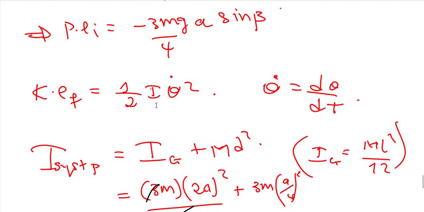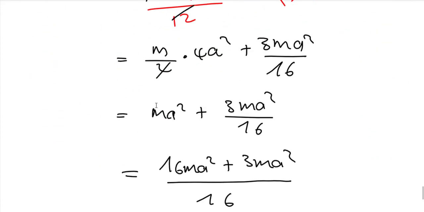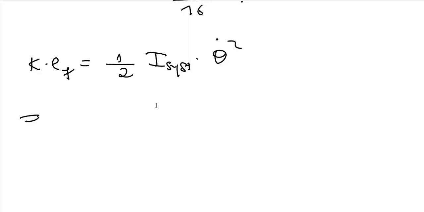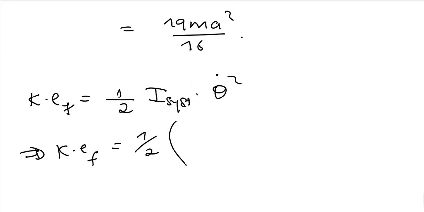Now we proceed by finding an expression for the final kinetic energy. So KE final will simply be equal to a half times the moment of inertia of the system times theta dot squared. The moment of inertia of our system is 19 divided by 16 ma squared, all of this times theta dot squared.